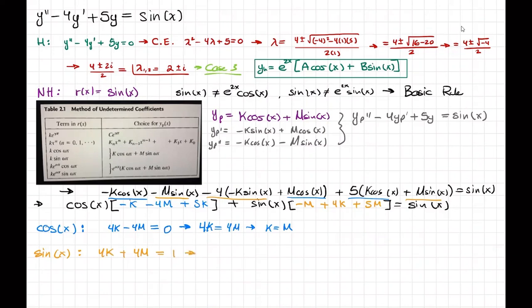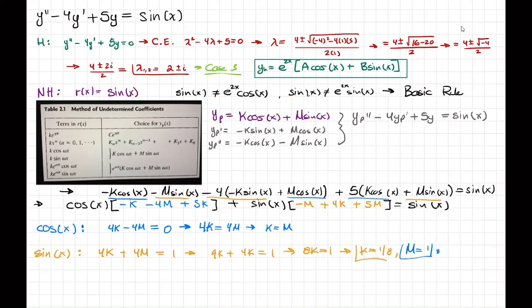And if we get here, we know that 4k and 4m are the same, so we can have 4k plus 4k equals to 1. So we have that 8k is equals to 1. So we get that k is equals to 1 over 8, and therefore m should also equal 1 over 8. And here we have our constants.